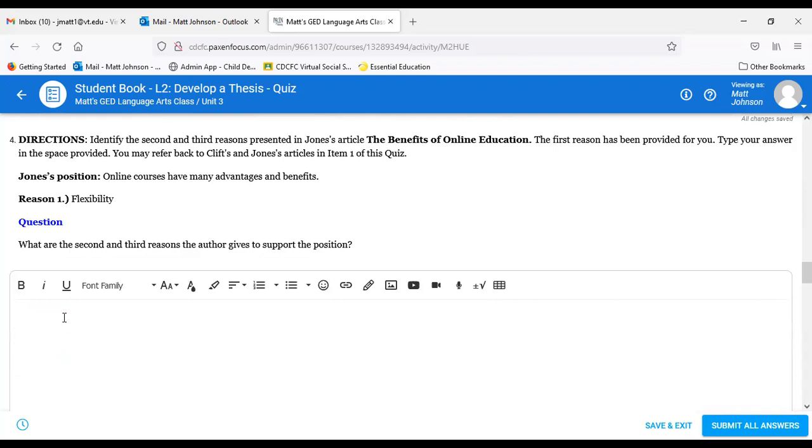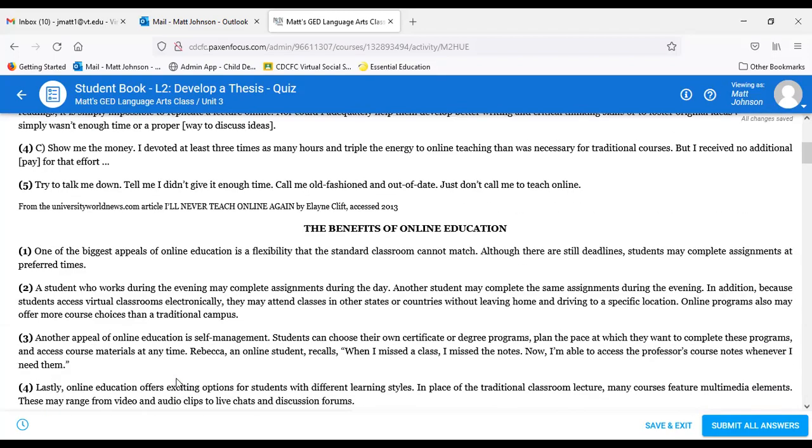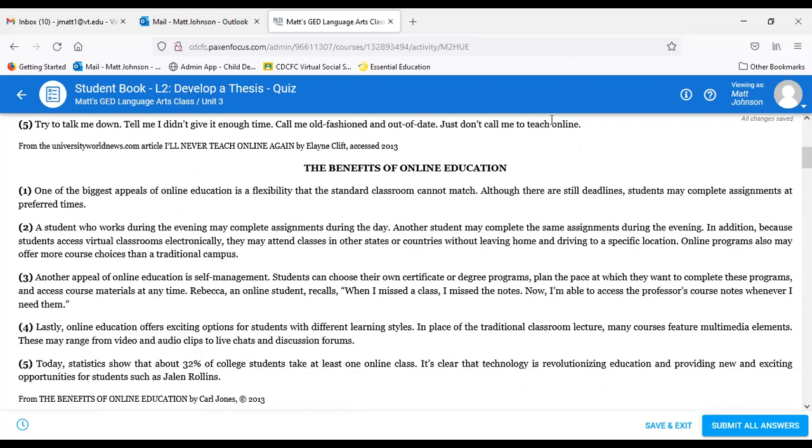So for 2, what is the second reason? Students who work during the evening may complete assignments during the day. So that is, let's see here. Okay, so yeah, a student may complete assignments during the day. Another student may complete the same assignments during the evening.